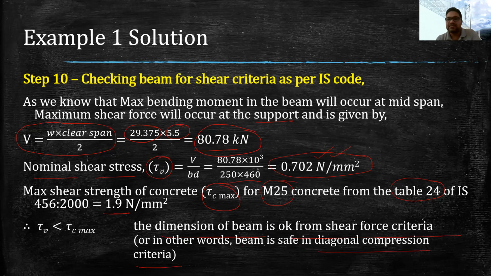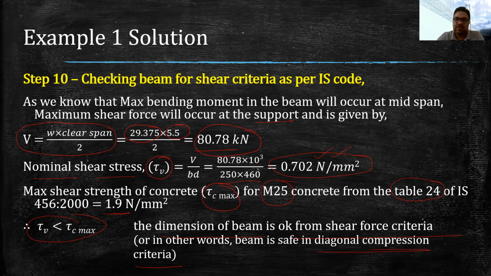As I discussed in lecture 11, shear force is to be resisted by the beam. Shear force has two components: one is diagonal compression and the second is diagonal tension. The diagonal compression criteria can be satisfied by comparing this one. If tau v is less than tau c max, diagonal compression will be resisted, but we need to check if diagonal tension can also be resisted.